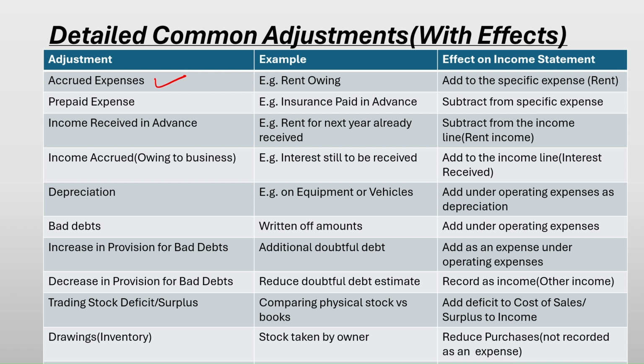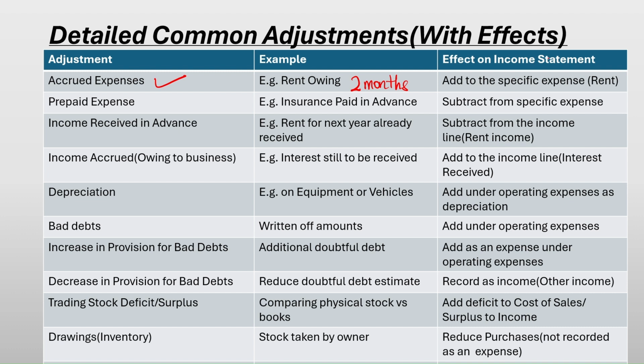We need to pay rent 12 times in a year. But this time, instead of paying for 12, we paid for 10 months. Since we paid for 10 months, the 2 months are what we call the accrued expense, because we haven't paid for them. That payment that we still haven't made is what we call an accrued expense.